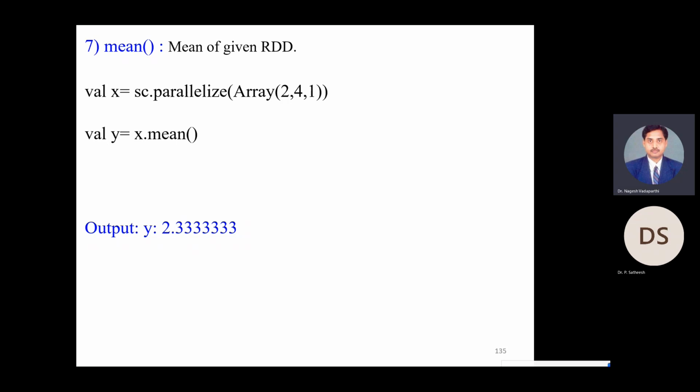I'm performing mean. So the mean value: 2 plus 4 is 6, plus 1 is 7, divided by 3, that is 2.33. So this is the input value of x and y is 2.33.